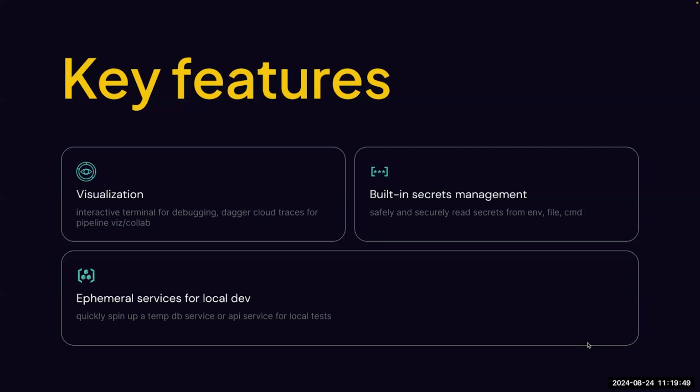When you need to run the pipeline with secrets, we need to pass the Docker passwords when we push our images to our private container registry like GitHub. Then we need to pass those kinds of environment values, and that is also supported by Dagger. The last one is ephemeral services for local dev. These are the main benefits of Dagger, but there are also lots of other things.